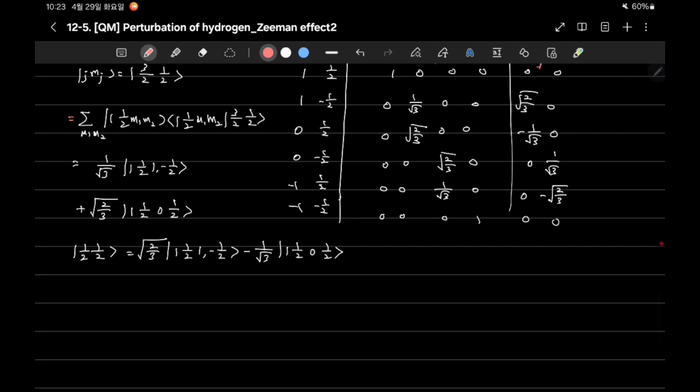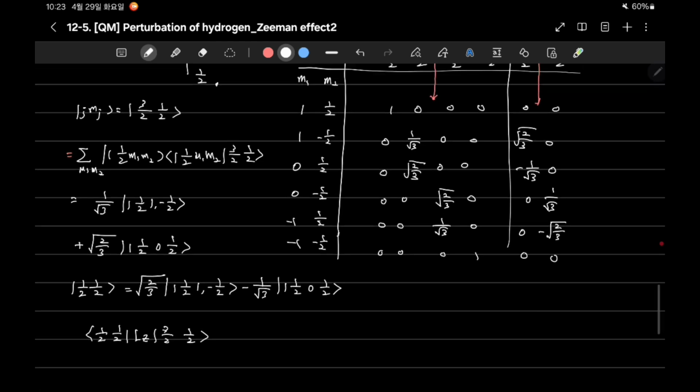As an example, take the 1/2 basis and the L_z expectation, with the 3/2, 1/2 basis.